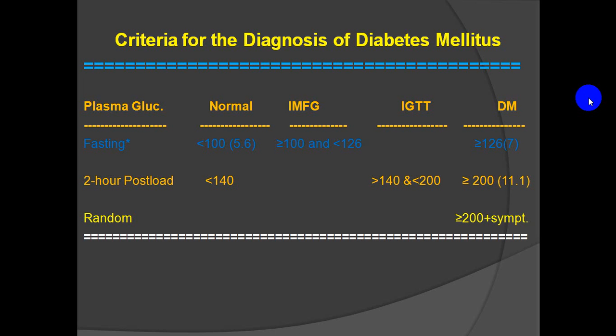Keep in mind that any random blood glucose level of more than 200 milligrams per deciliter plus signs and symptoms of diabetes is diagnostic of diabetes mellitus.